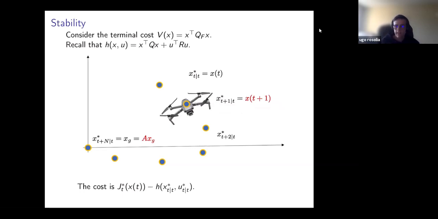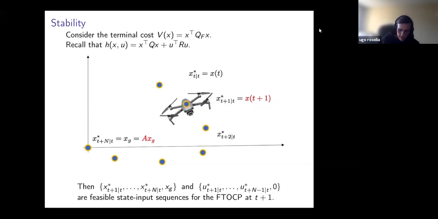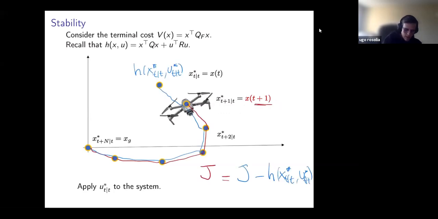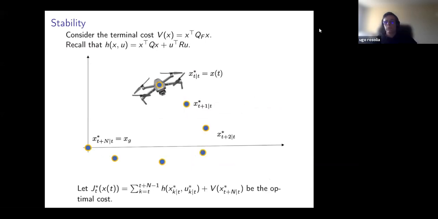To get around this issue, I'm going to sketch on this figure. Let me go back to the initial figure. Let's say that we are given the model uncertainty, so we know that our true system will not evolve exactly as our planning model.